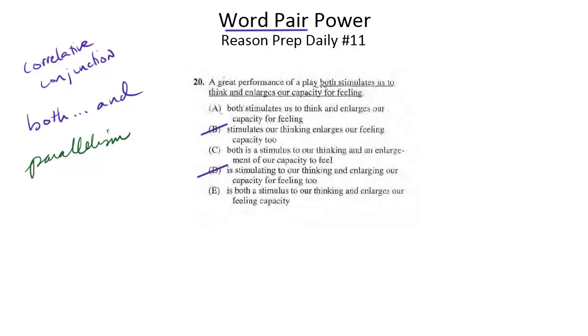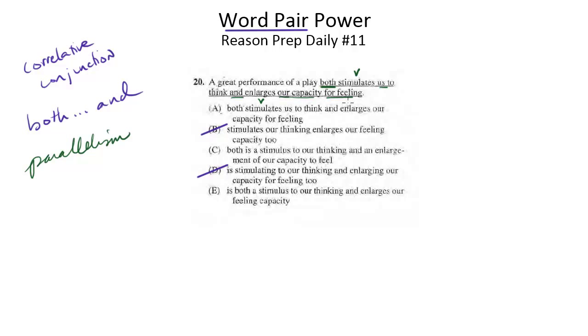So here is our both. Then we have a verb, stimulates. And then the object, it stimulates us to think. Both stimulates us to think. Now, the second part, we've got and. Enlarges, which is our verb. Our capacity, which is in this case the object.